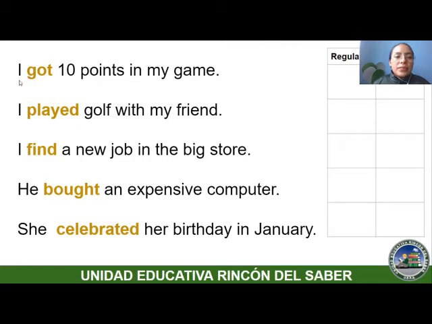For example, read number 1, please. I got 10 points in my game. Okay, please analyze the sentence. Okay, according to the verb, this sentence is regular or irregular according to the verb.